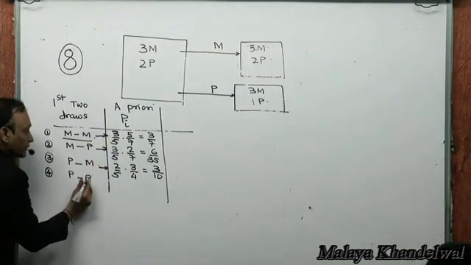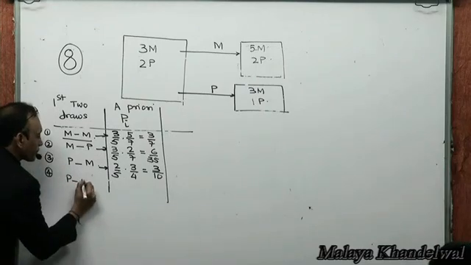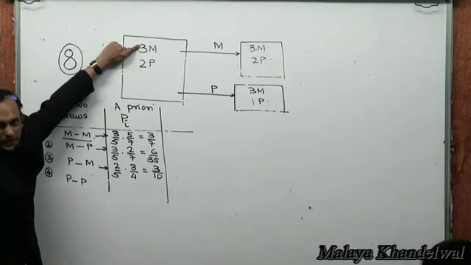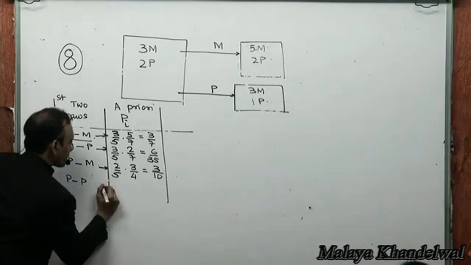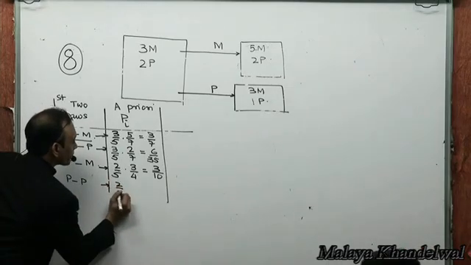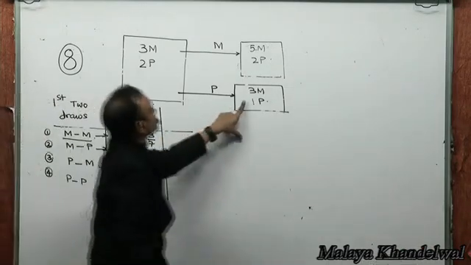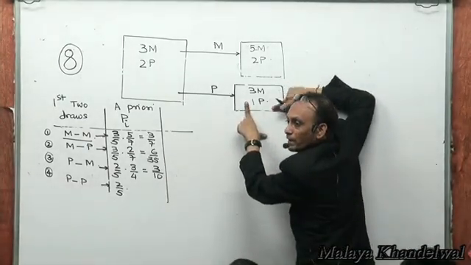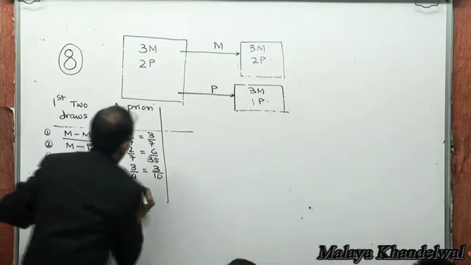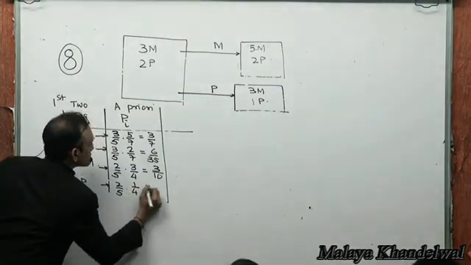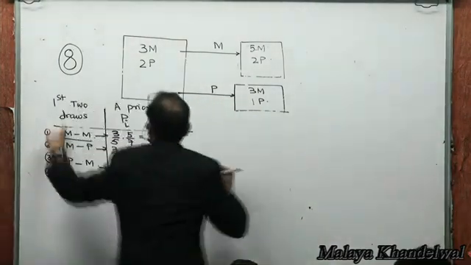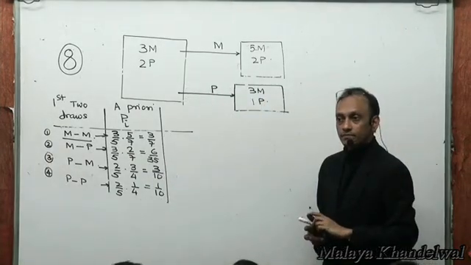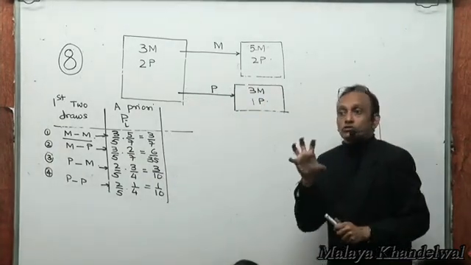Now, this one, PP. Physics in the first draw would be 2 by 5. I come to this state. Physics in the second draw would be 1 by 4. Which is 1 by 10. So these are the a priori probabilities for the first 2 draws.